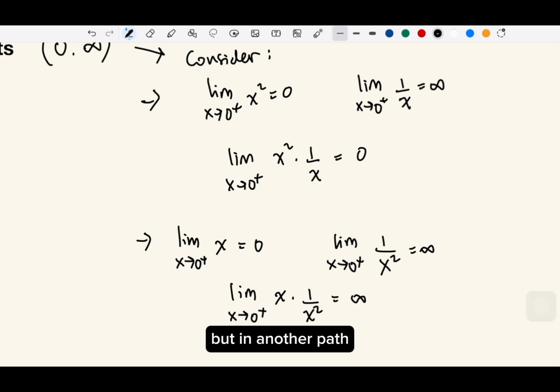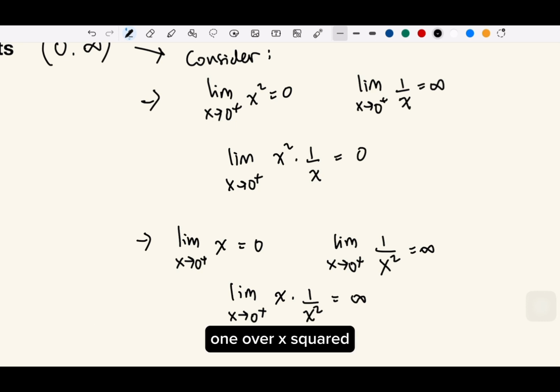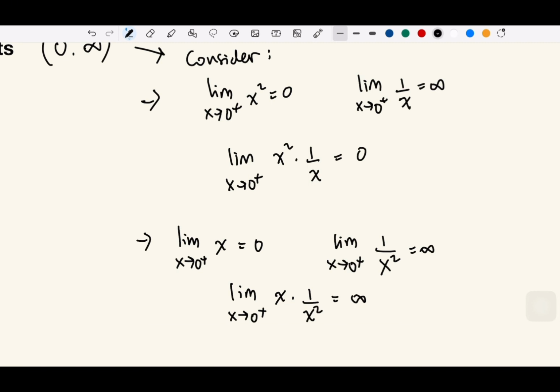But in another path, we have x and 1 over x squared. So we switch the functions. If we multiply x with 1 over x squared, it results in 1 over x, which goes to infinity. So we have both 0 and infinity. Which one is the answer?